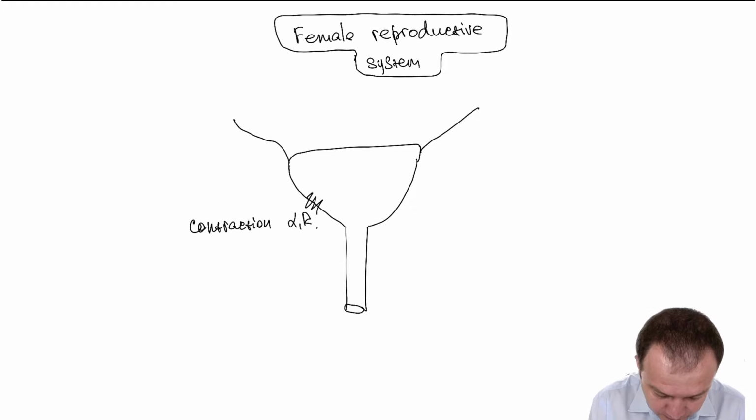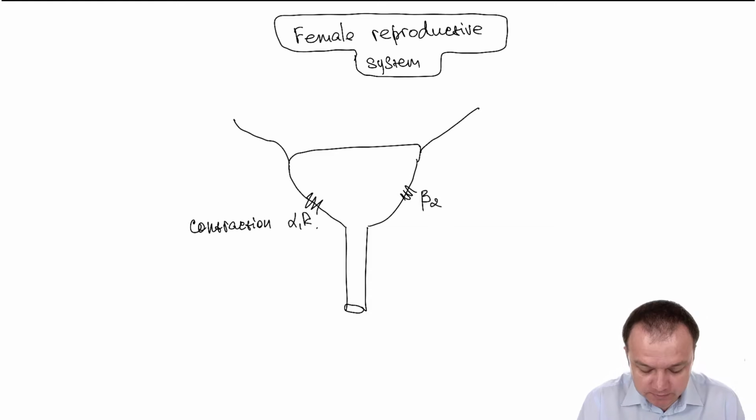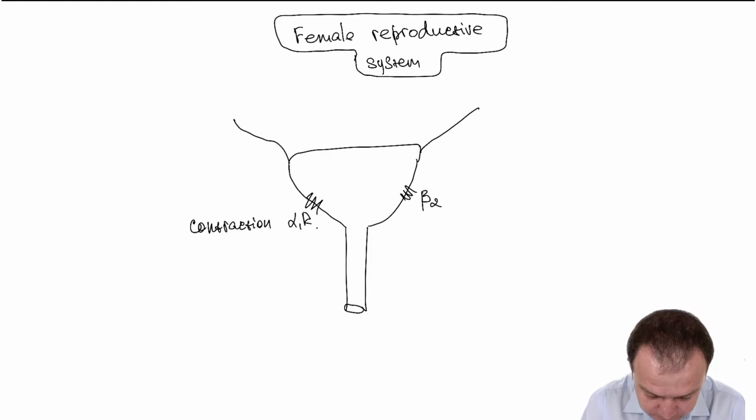But if we have fetus inside, uterus expresses beta-2 adrenergic receptors, especially in the end of gestation.